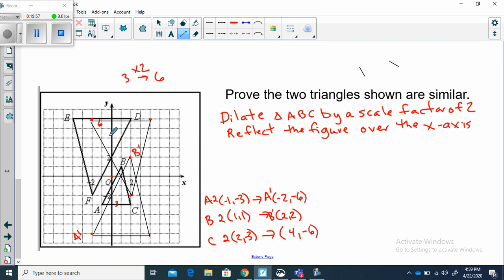No, I'm going to need to reflect this one again. All right. What we'll need to do is do another reflection, because you see how this is kind of coming in a different direction. We're going to need to reflect this now over the y-axis, okay? Let's reflect it over the y-axis. Let's see where it would be.